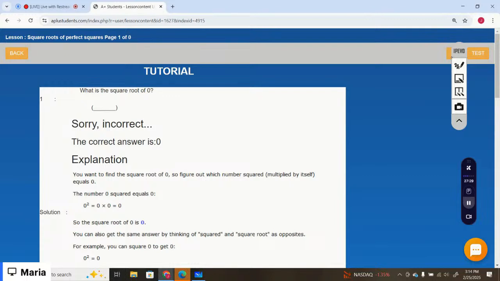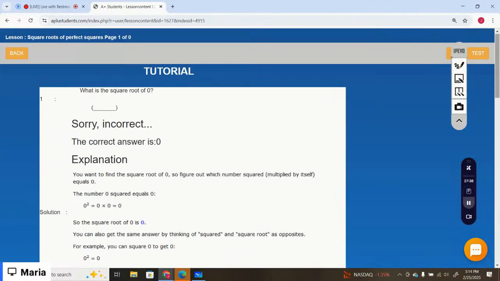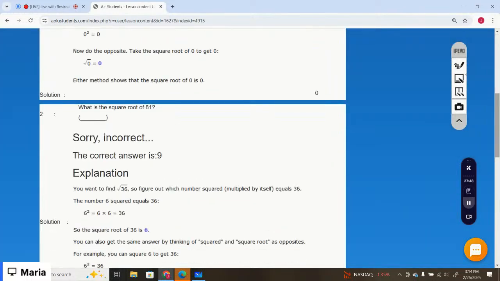Square root of 0 is 0. Whatever the exponent, 0 is always 0. Square root means, for the square root of a number, you have to find a number that is multiplied by itself, right?